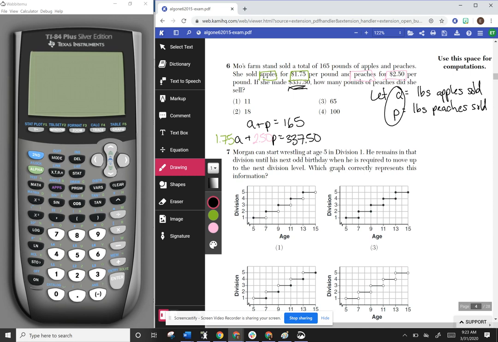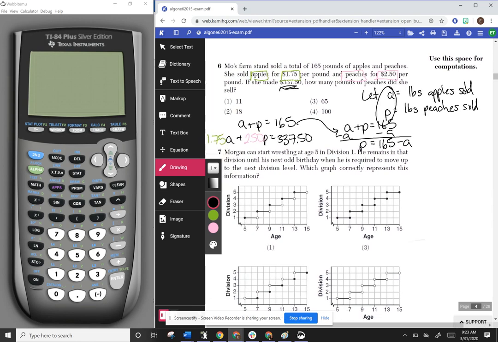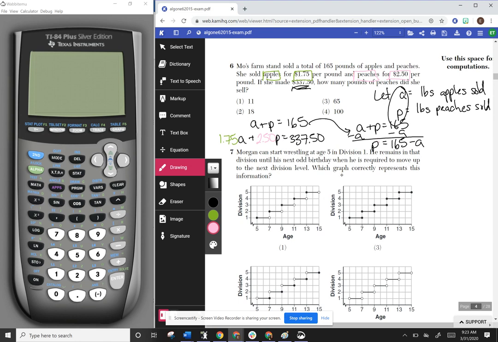And now that we have our system of equations, we can solve. So the first thing we can do is solve our top equation for one variable. So if we do A plus P equals 165, and we subtract A on both sides, we get P equals 165 minus A. And now that's helpful. Let me make some space, because we can now substitute this P into P where the variable is.